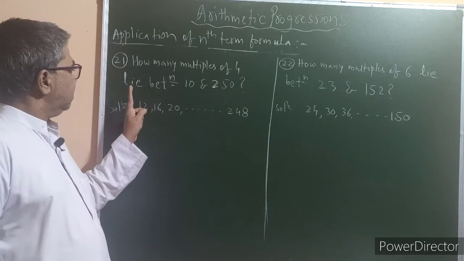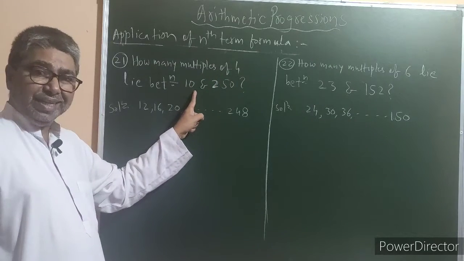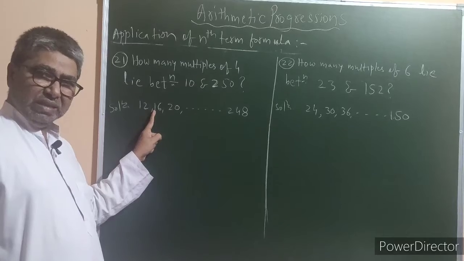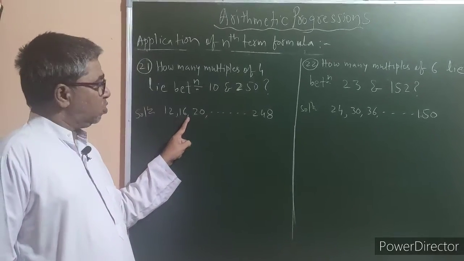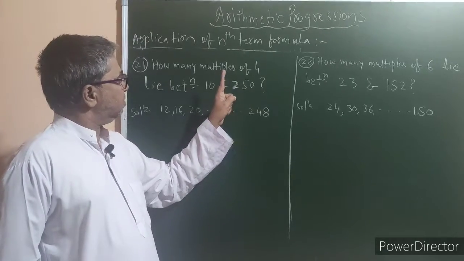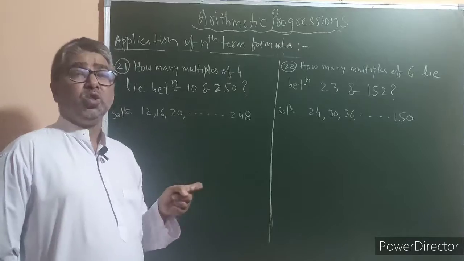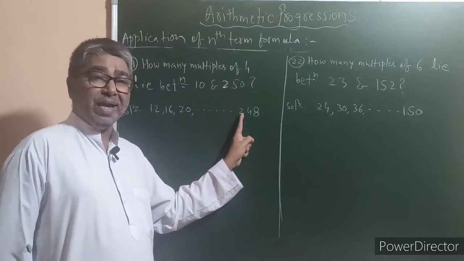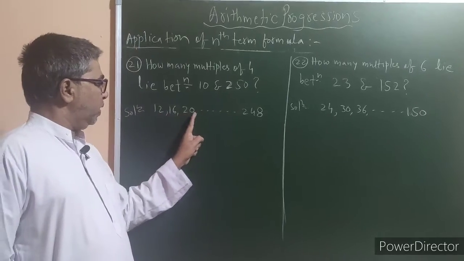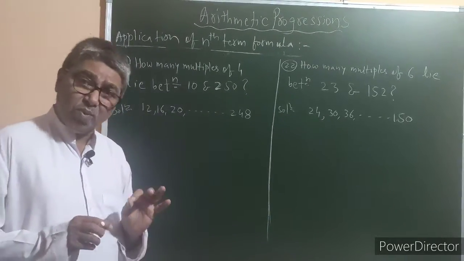Now the first multiple of 4 which is greater than 10 is 12. After 12, 16. After 16, 20. So the largest multiple of 4 smaller than 250 is 248. So in this way 12, 16, 20, and so on up to 248 will be our arithmetic progression.